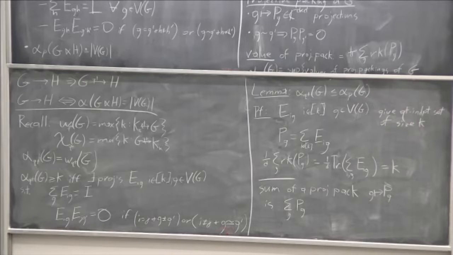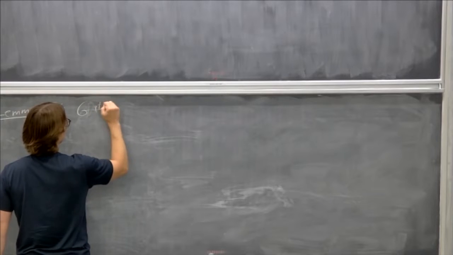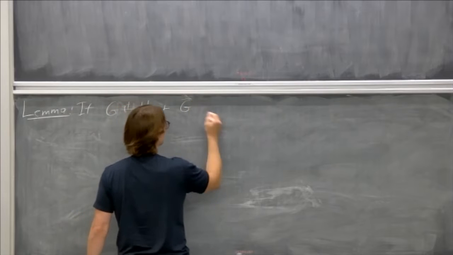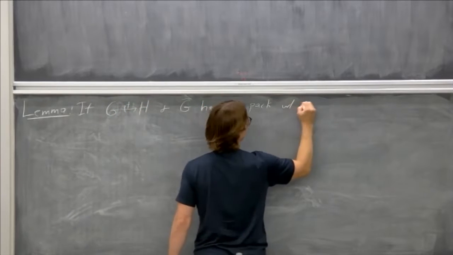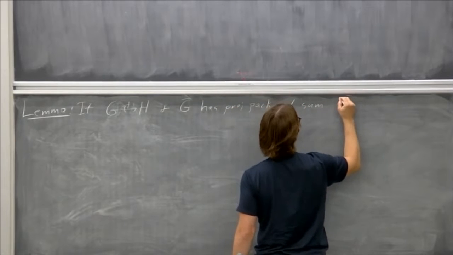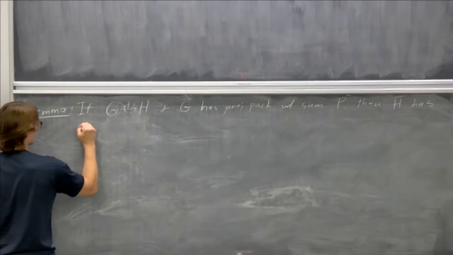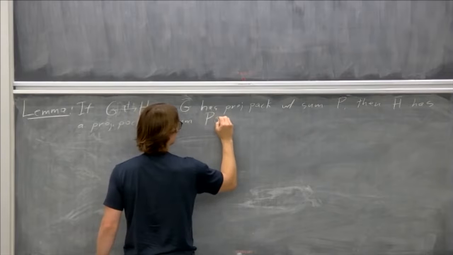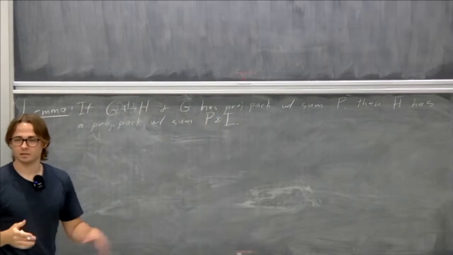Right, so I need to do this one first. If we have two graphs, G and H, and there's a quantum homomorphism from G to H, and the complement of G has a projective packing with some P, then H bar has a projective packing with some P tensor identity, with some size identity.